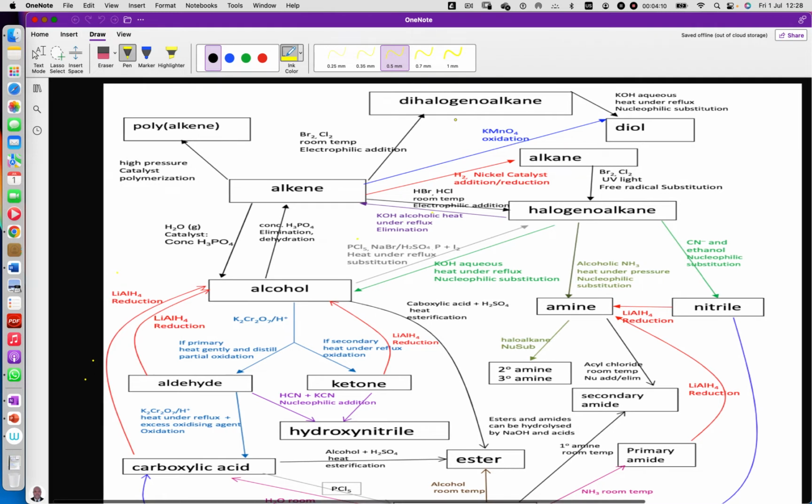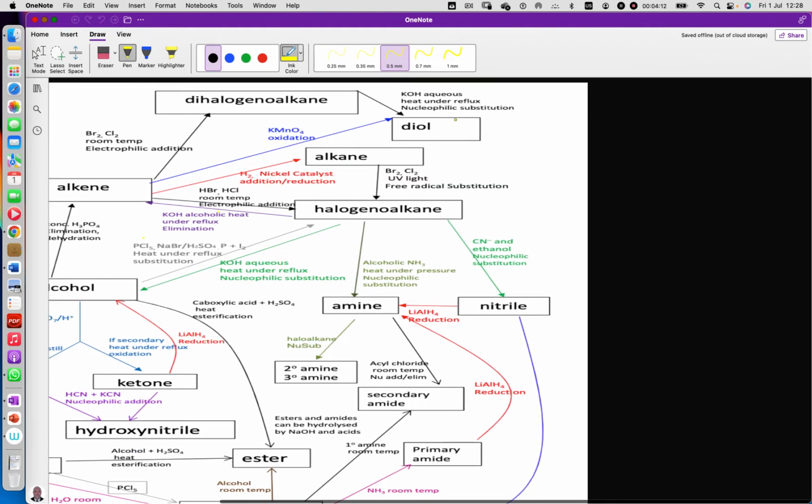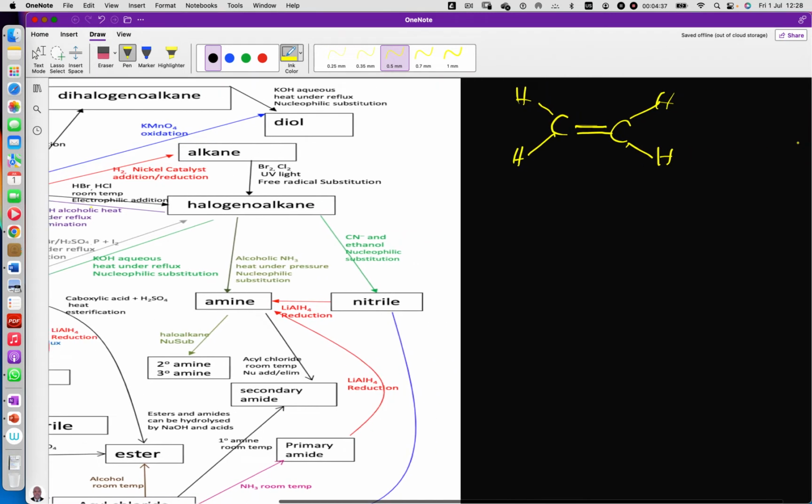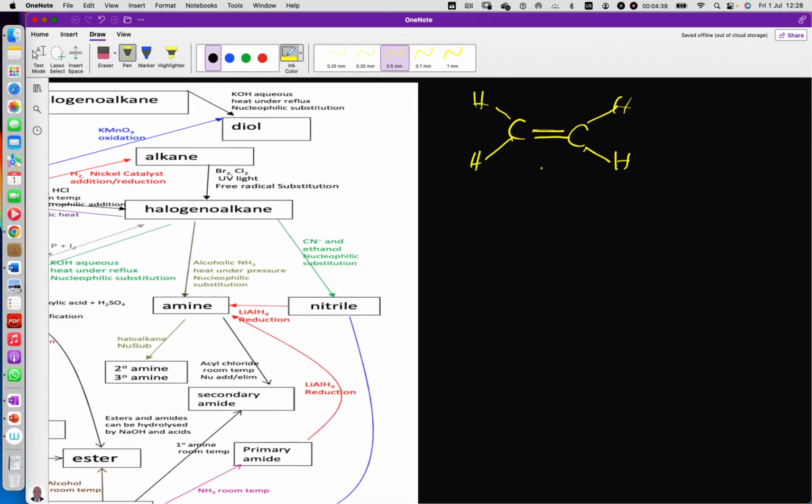So let me just write here for you to see. An example is ethene. This is ethene here.